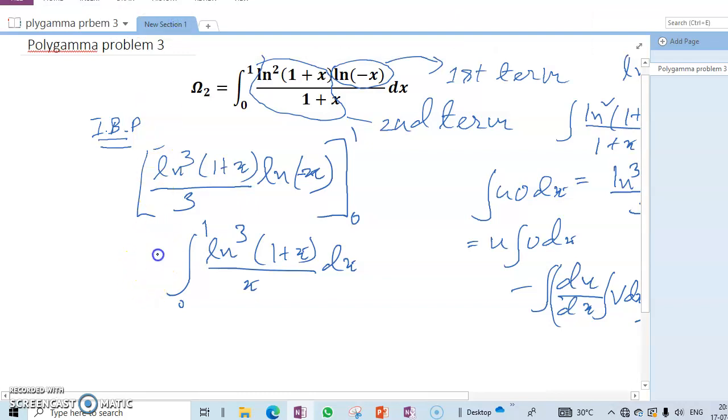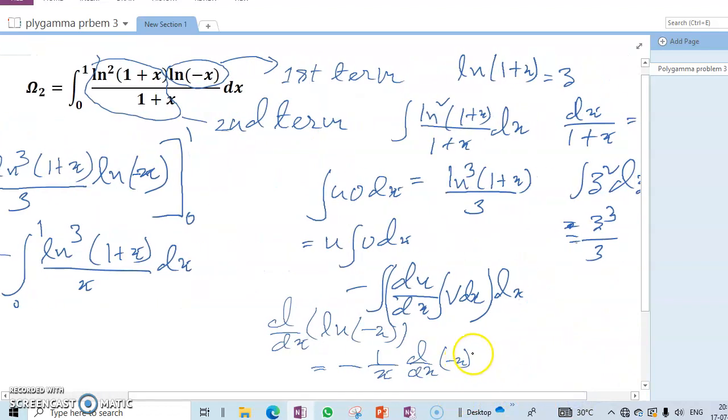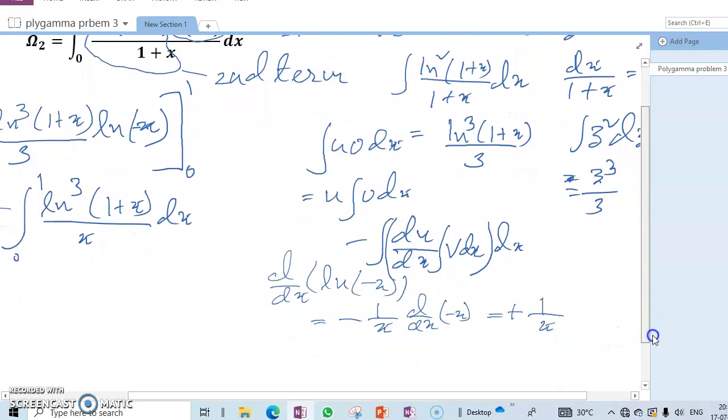In here it is minus, because d/dx of ln(minus x) equals minus 1 by x into d/dx of minus x. Just apply the chain rule, so it is minus into plus 1 by x. Okay, so no problem. I hope it is clear for everyone.